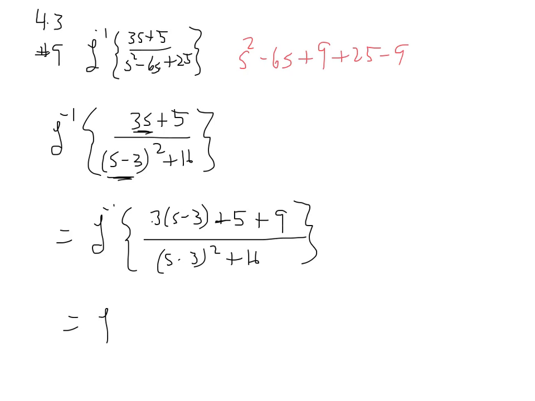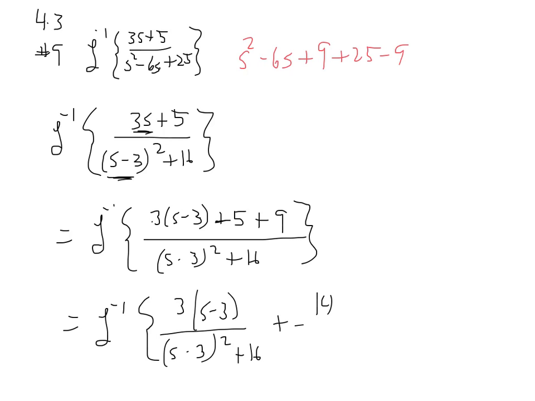Alright, now we split this. This is the inverse Laplace transform of 3 times s minus 3 over the denominator, so there's my first piece, and then my second piece has 14 over the common denominator.